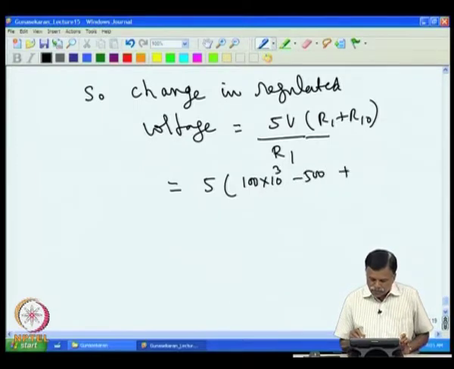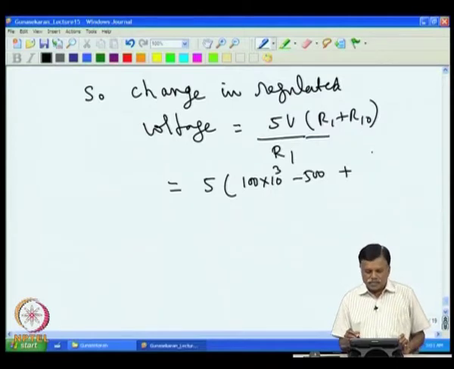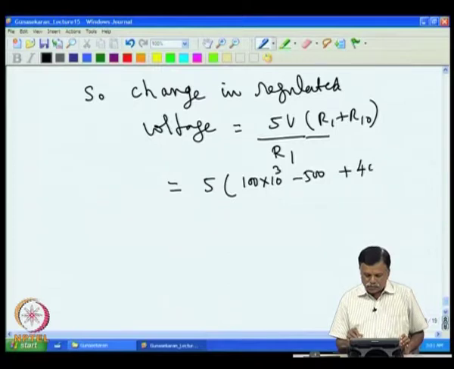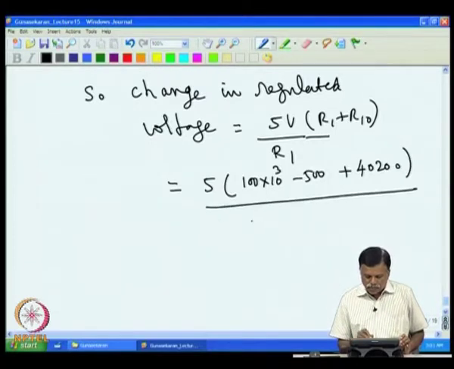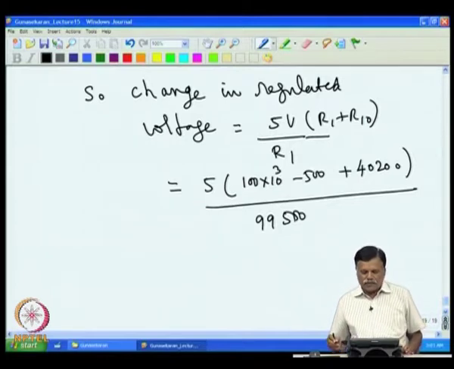Now, plus the R10 had increased by 200 ohms. So we have 40,200 here, that divided by 99,500, because 100 K reduced by 500 ohms.